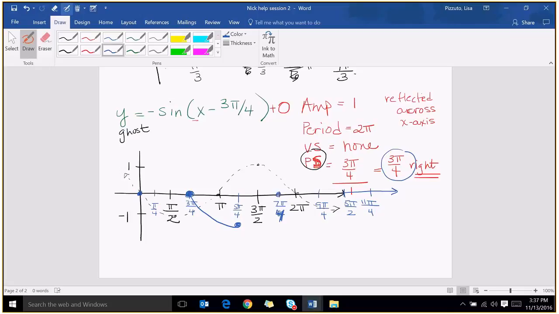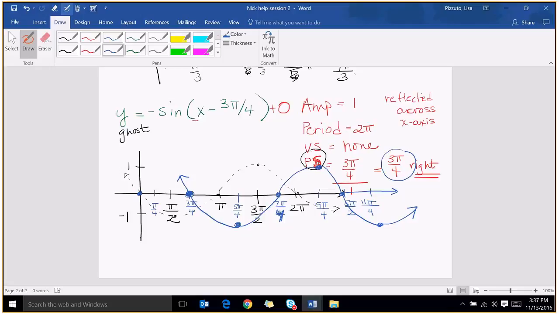See what's happening? And then I'm going to take this maximum, and it's going to move over 1, 2, 3, so that now it's over here. There's my new intercept. Here's my new minimum. And there's your graph. So I took each point and I moved it over 3/4.